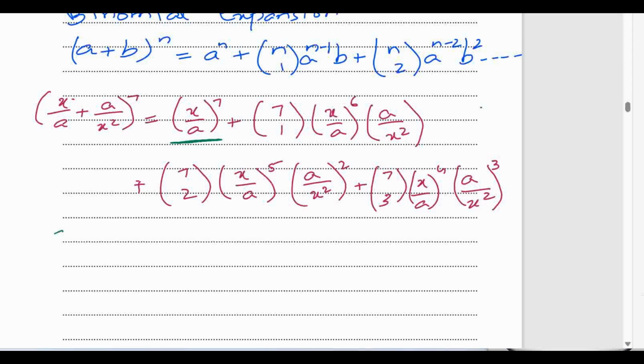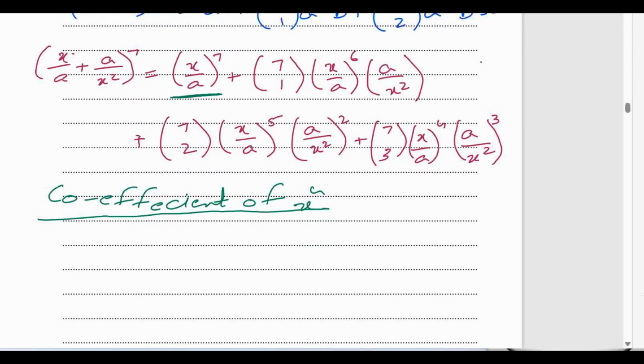Let me write over here the coefficient of x^4. Okay, now we can write it as 7C1, this will be x^6 divided by a^6 into a by x squared.